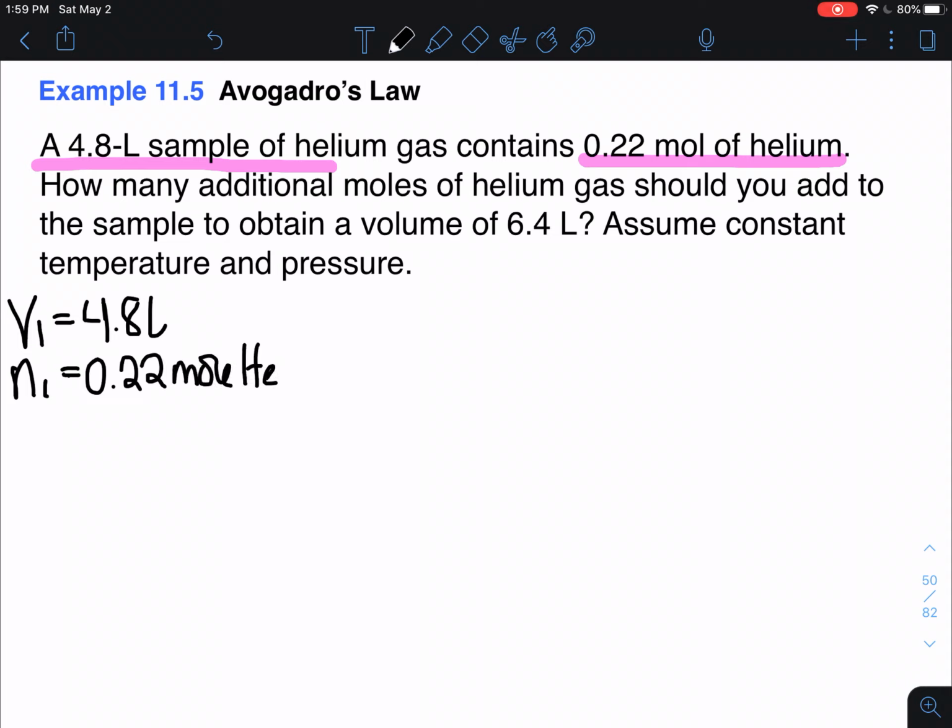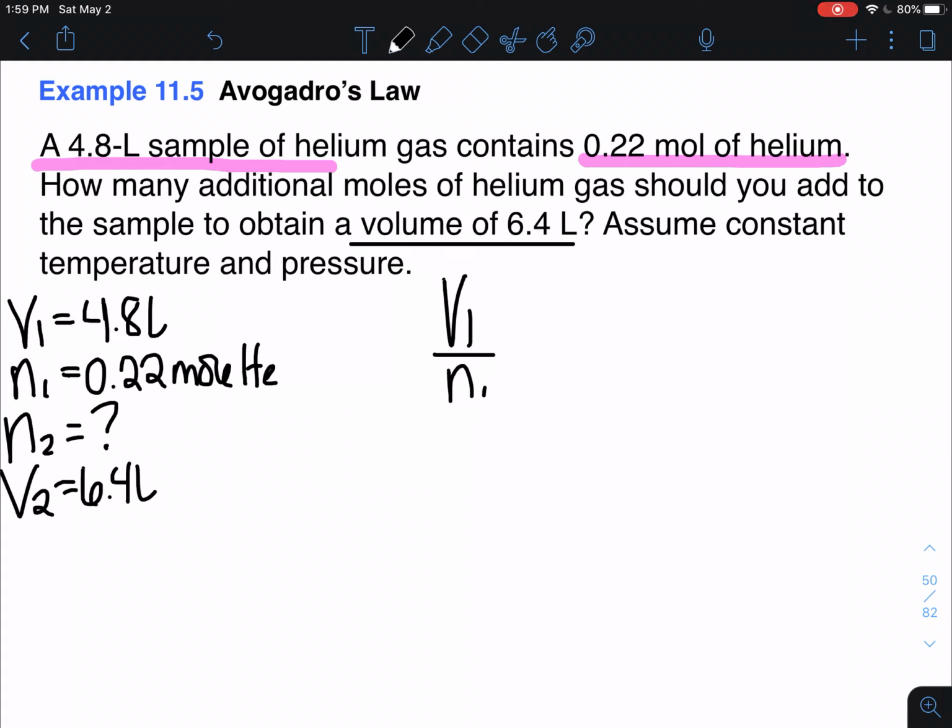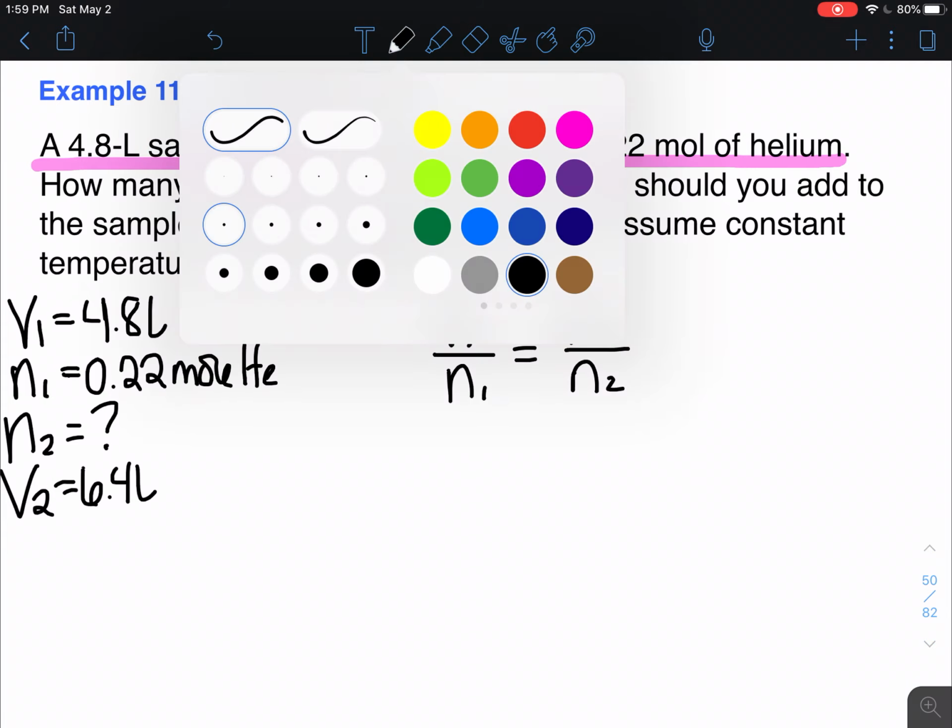All right. Our N2, we don't know, but we do know our V2, which is 6.4 liters. So now we're going to have to rearrange V1 over N1 equals V2 over N2 to solve for N2.